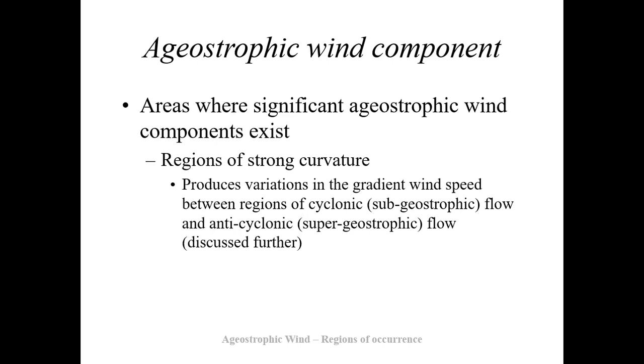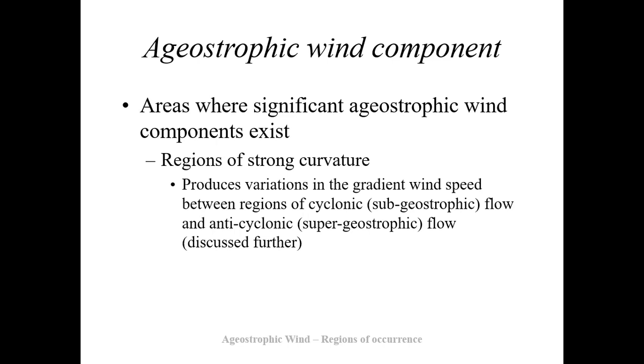All right, so in regions of strong curvature, which happens quite frequently when we're talking about long waves in the atmosphere, those long waves associated with the ridges and the troughs in the jet stream pattern, that's going to produce variations in the gradient wind speed between those regions of cyclonic turning of winds in the subgeostrophic area and those anticyclonic or the ridge areas, which is associated with super geostrophic flow.